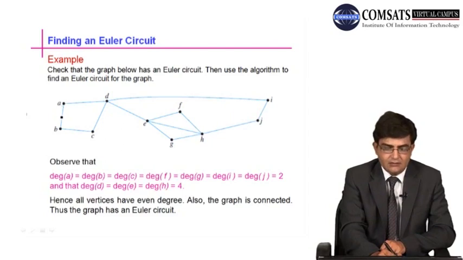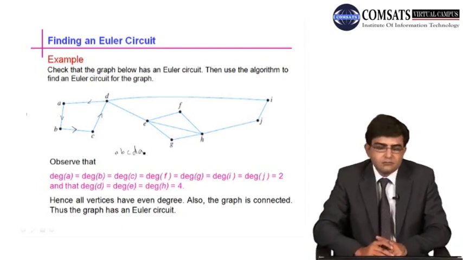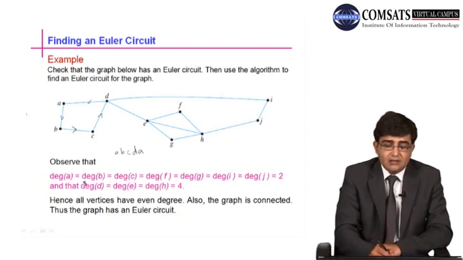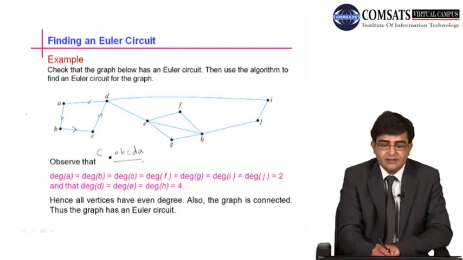We say that we have A to B, B to C, C to D and D to A. So this is a circuit in this graph: A, B, C, D, A. We call it circuit C.